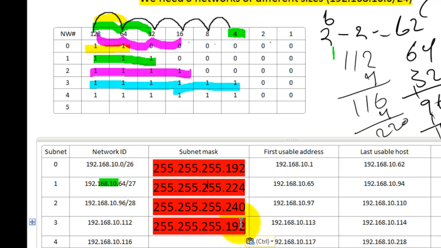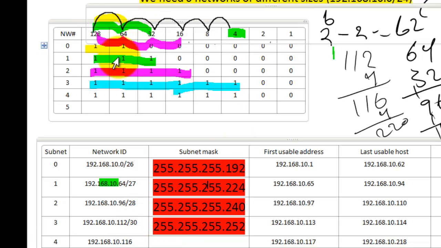So this will be 252. And how many bits are borrowed? 1 2 3 4 5 6. So 6 plus 24, this one is slash 30.